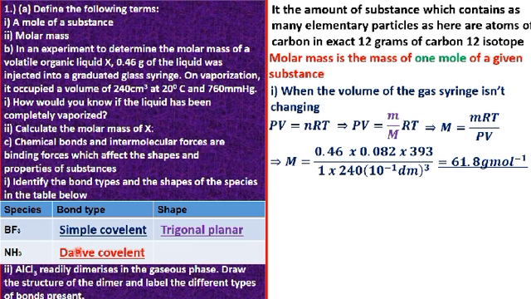And the number of bonded pairs, in total, we have 3 hydrogen.